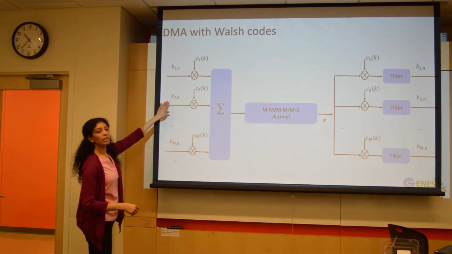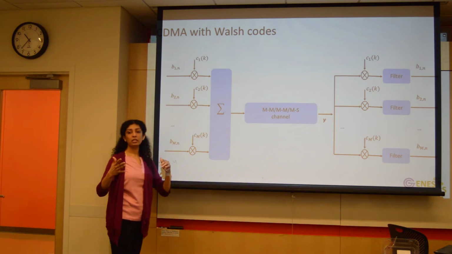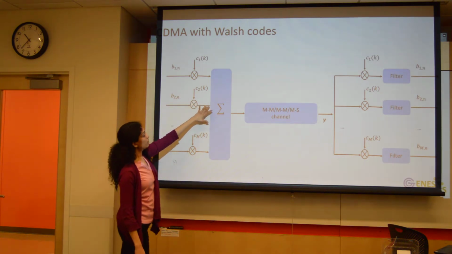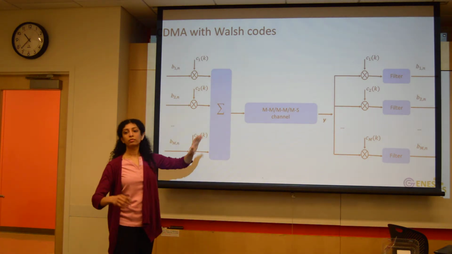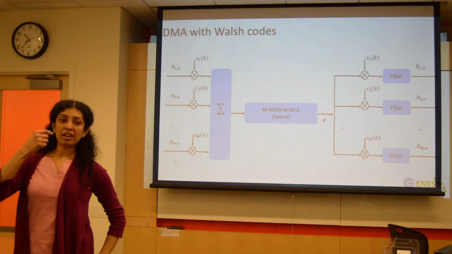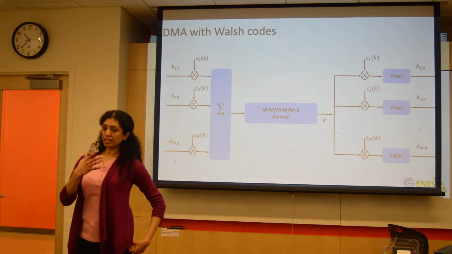The node, the implant, forms the chip, spreads the data based on the CDMA codes, and then gives it to the aggregator. There is an aggregator which is one of the implants. We choose this aggregator for every cycle. They take turns, and one of the implants acts as an aggregator.